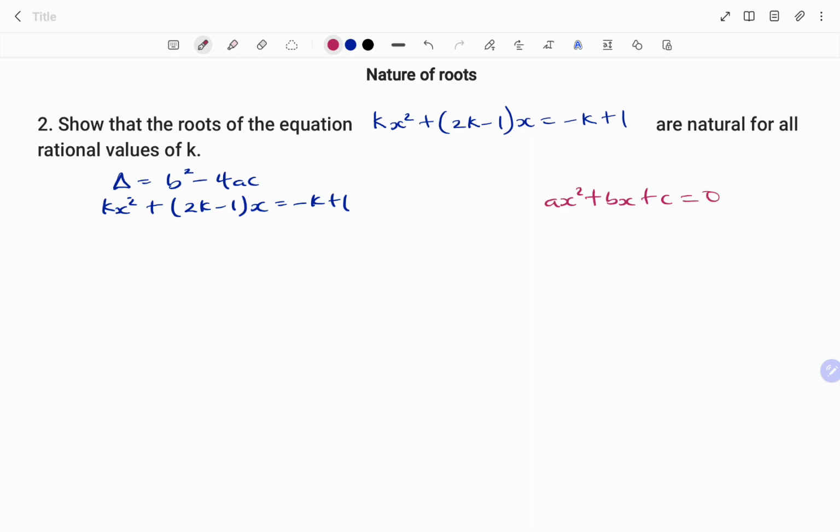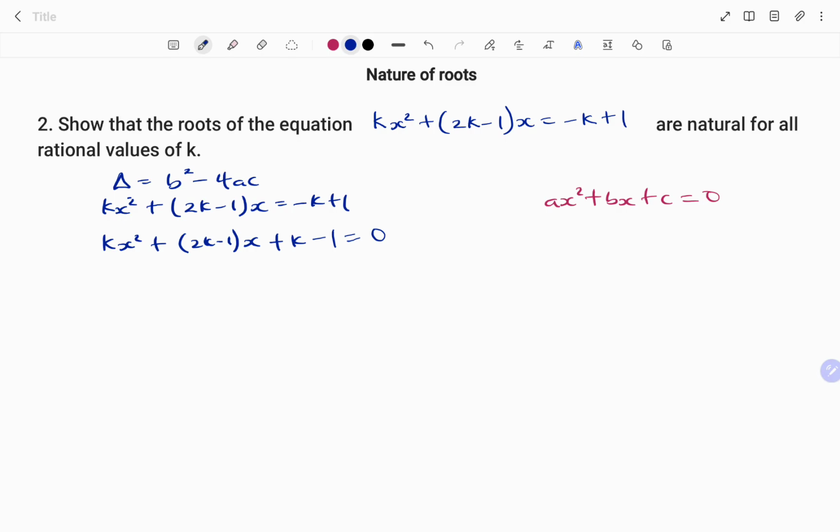So we are going to move all the terms to one side, and doing that, we'll have kx squared plus 2k minus 1 x, minus on the right-hand side becomes positive, and plus on the right becomes negative when they are moved to the left-hand side of the equation using the balance method.